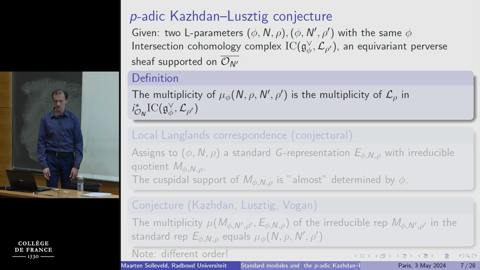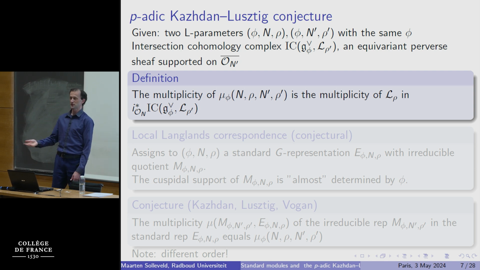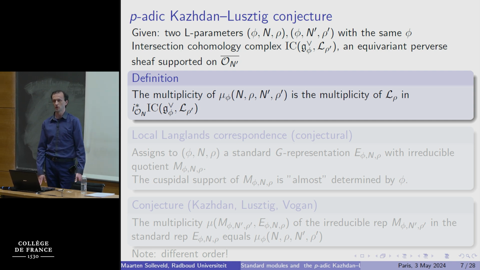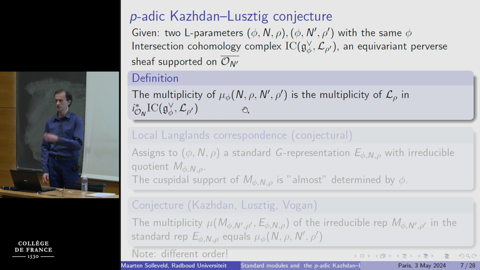But this intersection cohomology complex is by definition something which lives in the derived category of sheaves. So to make this precise, you first have to pass to cohomology to make sense of this multiplicity, and this is not included in the notation here.